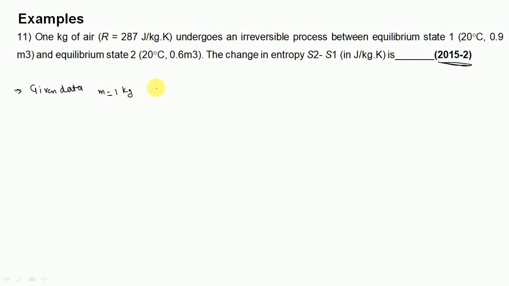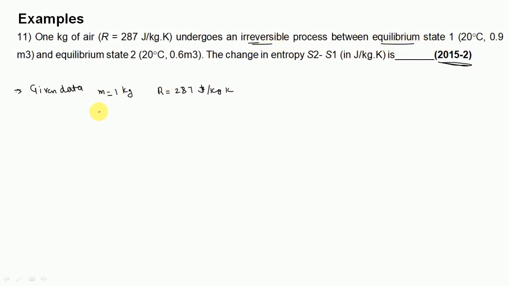R is given and its value is 287 J per kg K. It is a reversible process between two equilibrium states.